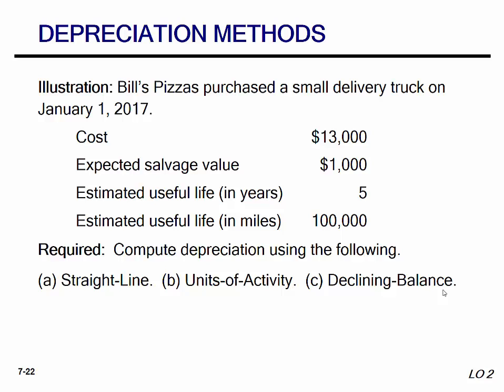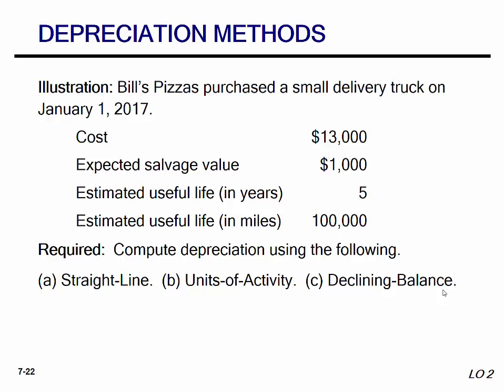I do want to mention to you that we are going to be calculating what is referred to as the double declining balance method. I mentioned in a prior video that there are several different percentages that could be applied in a declining balance method.